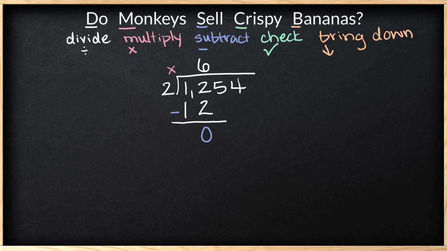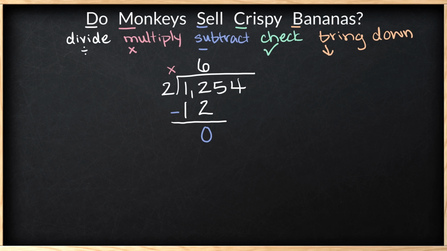The fourth step is I need to check to make sure that my divisor cannot go into the answer. So I see 2 cannot go into 0. Okay, I checked my work and that is correct. 2 cannot go into 0. I can move on. So my next step is to bring down.